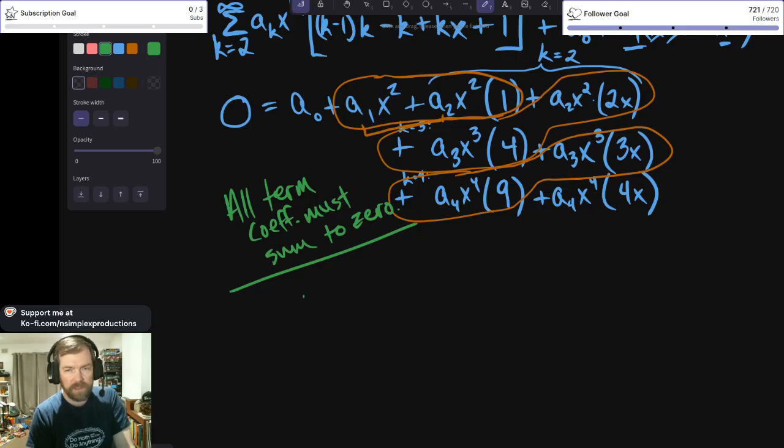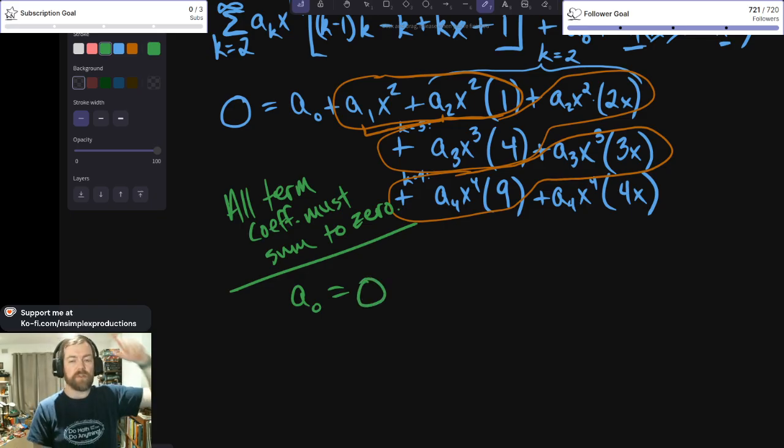Okay, which means a sub 0 has an x to the 0 attached to it. There's nothing else there. So a sub 0 must be 0. Now, we can maybe go back and look at the other one and do the same, but I think all of them end up being 0, so it doesn't help. Okay, so a sub 0 is going to be equal to 0.